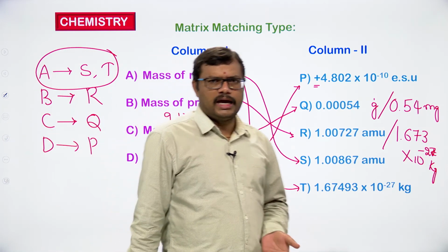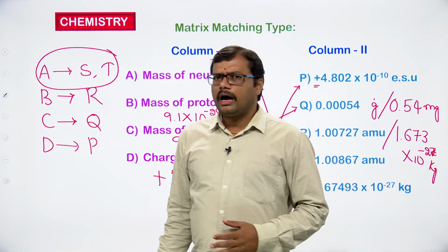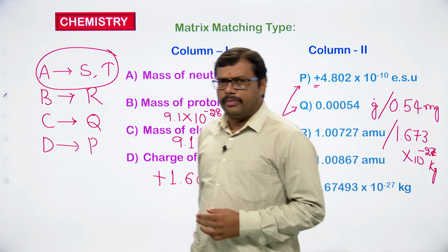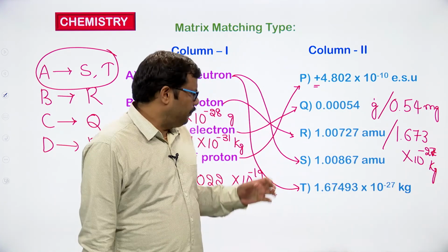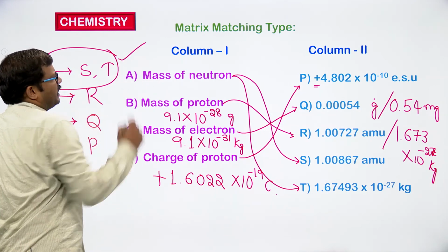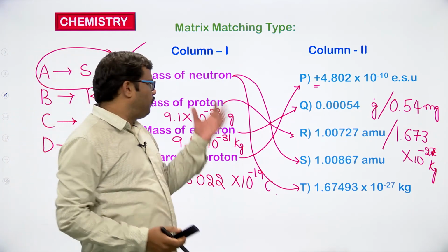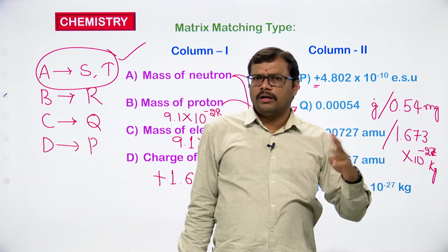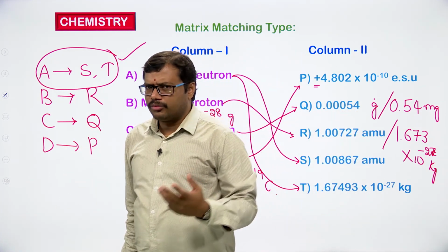So, you should be very careful in mapping the column 1 properties to the column 2 properties, and thereby you can easily identify the correlation. Advanced level, as I told you, there will be a chance of mapping one property of column 1 to two or more than two properties of column 2 as well.